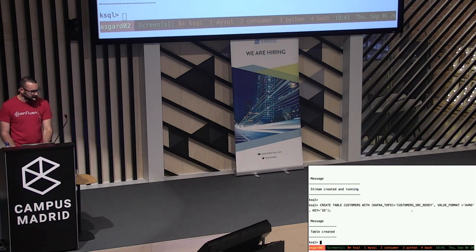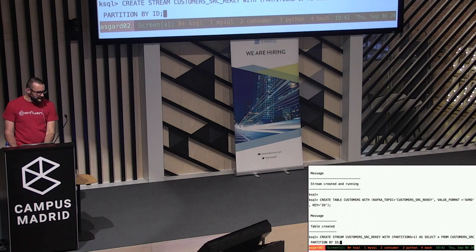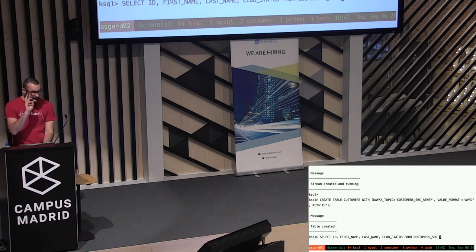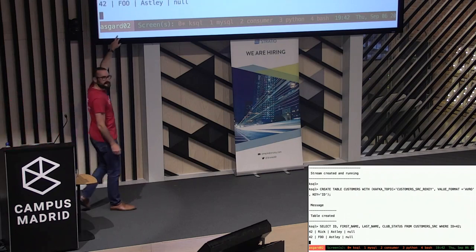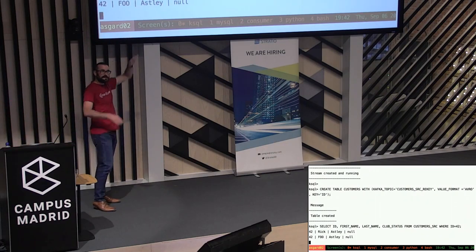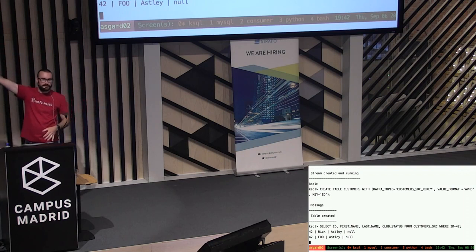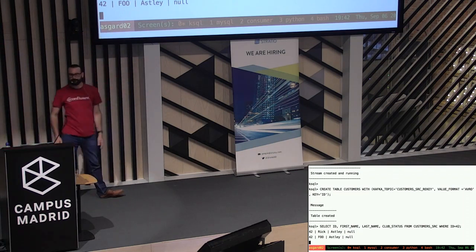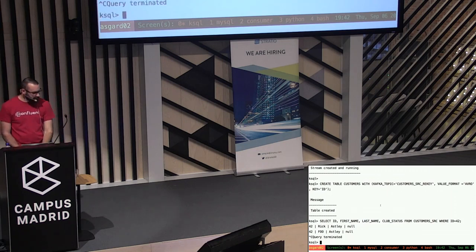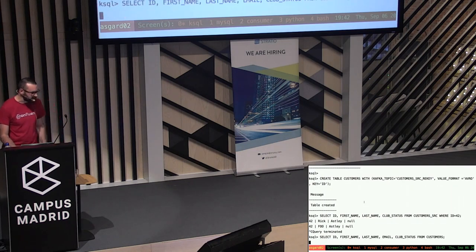Now I'm going to select from that table. If you remember, this is our stream, where ID equals 42. We have 2 events on our stream. These were the events that came through from the database. Change events: something was created, something was changed. But now, let's see what our table tells us.